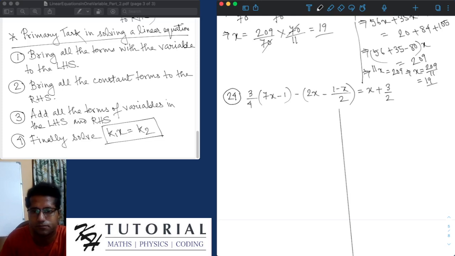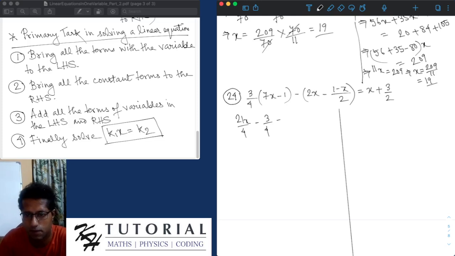So we know that 3 by 4 multiplied by 7x minus 1 is nothing but 21x by 4 minus 3 by 4, and in the second grouping symbol 2x minus 1 minus x by 2, we can remove the grouping symbol, but there is a negative sign before it, so we have to change the sign of all its terms.